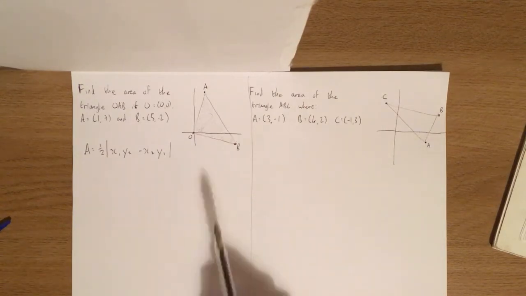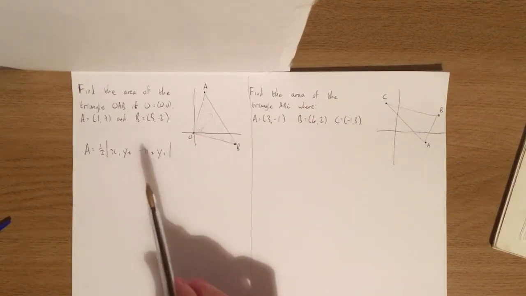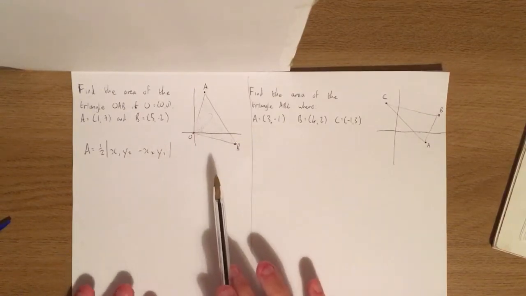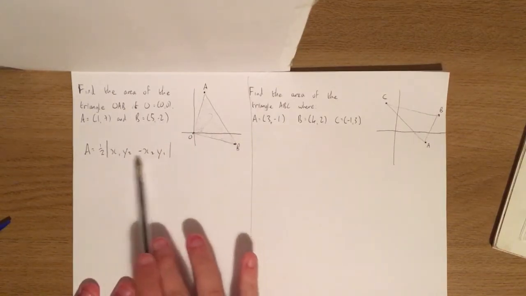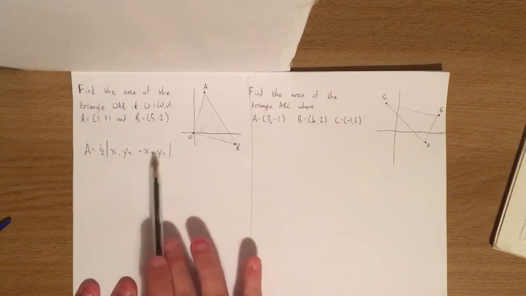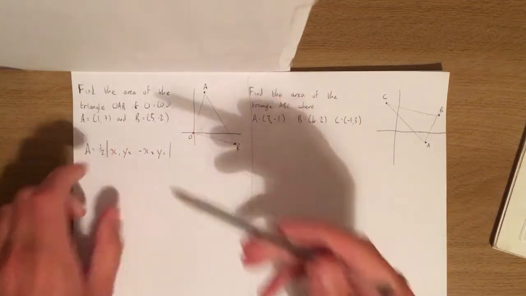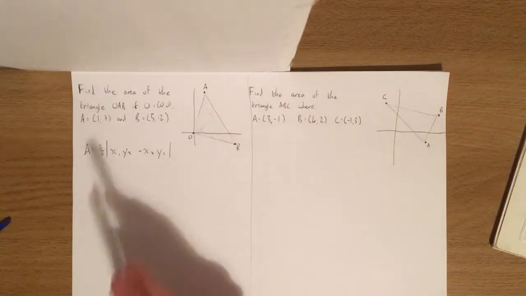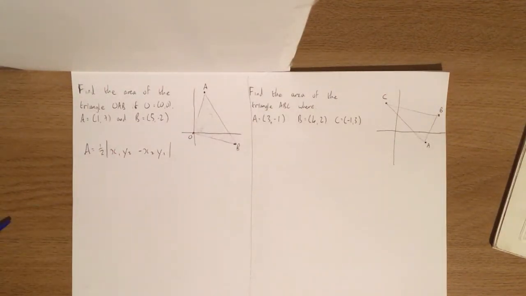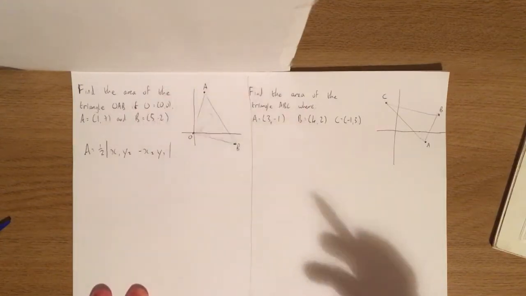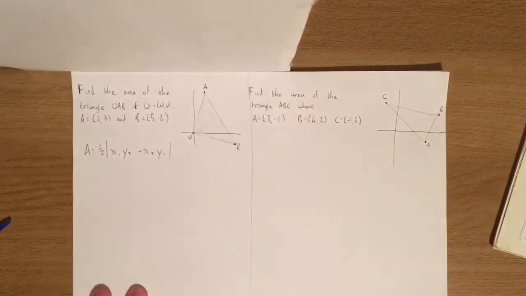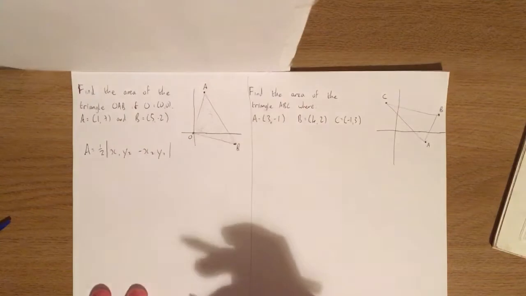The reason they're here is area can't be negative. You can't have negative area. So sometimes the formula in here will throw up a negative number, but because area can't be negative, these vertical lines just change it into a positive, and then you multiply it by a half. Okay, so I don't know if that's the situation we're going to get here, but that's why it's vertical lines and not just brackets.